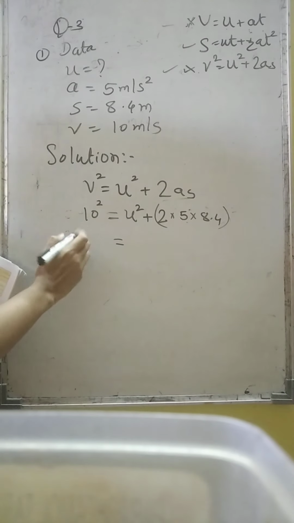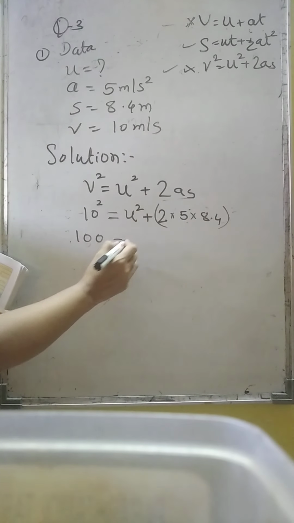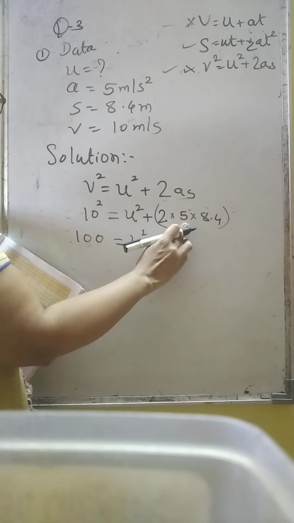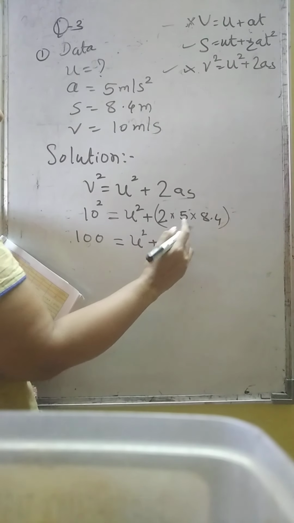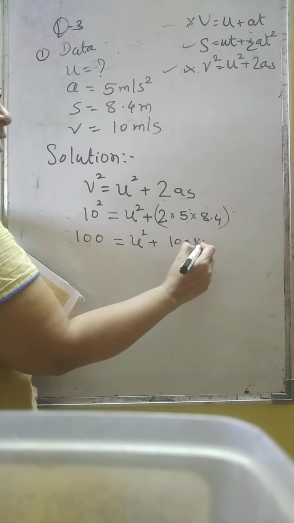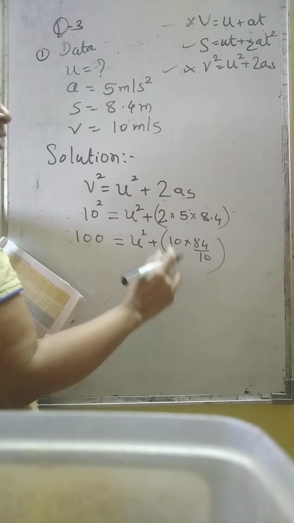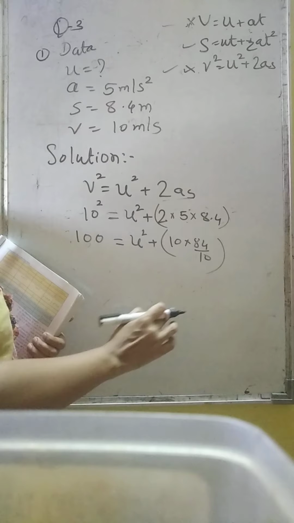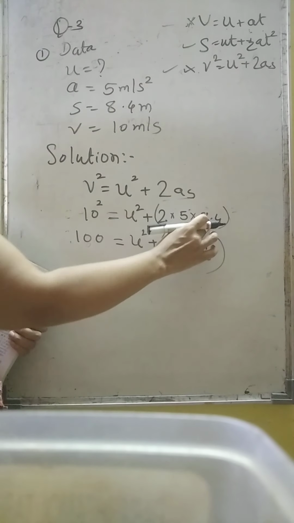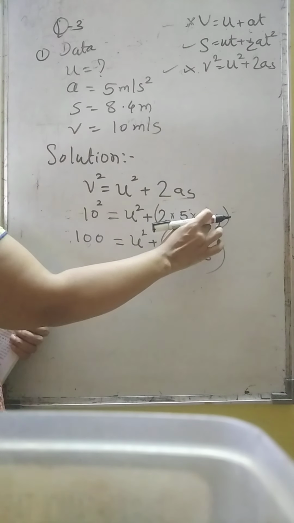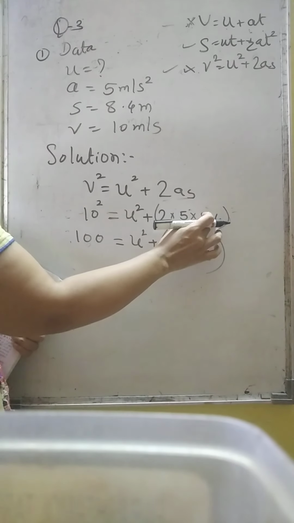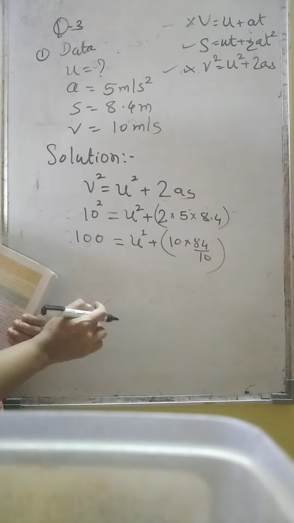What is 10 square? 100. u square, I don't know, plus 2 5s are 10, multiplied by 84 upon 10. Is this clear? 2 5s are 10 and I am removing the decimal point here. 8.4 will become 84 upon 10. Write it without the decimal point, then write 1, and after that as many zeros as there are digits after the decimal point. So after the decimal point only 1 digit, so 1 zero.